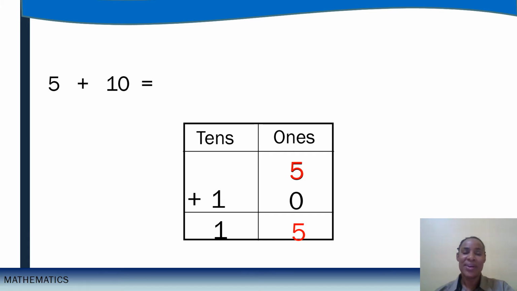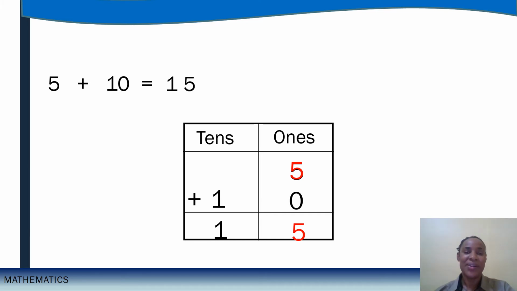Now, boys and girls, I want you to read the final answer with me. We have 1 ten and 5 ones. That is the same as 15. Yes, boys and girls, I heard you clearly. 10 added to 5 is 15.